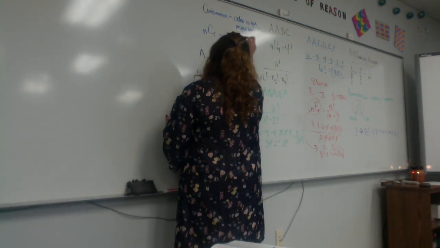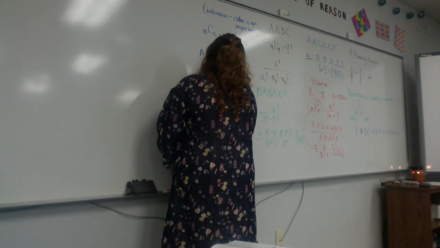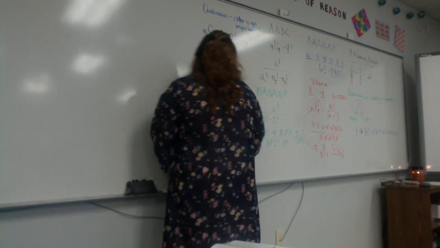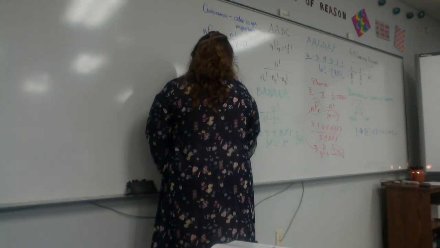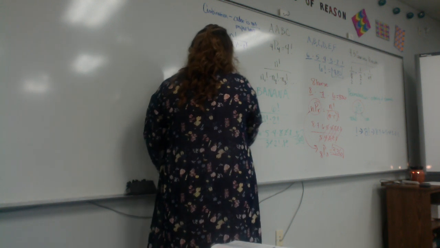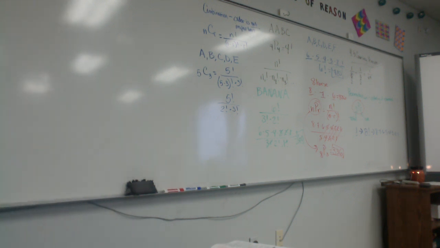Which means if I rewrote it in this form, it would be the permutation of 5 over the permutation of 5 minus 3, times the permutation of 3. So it's 5 factorial over 2 factorial times 3 factorial. Or you can plug it in your calculator and do 5C3, and what do you get? 10.